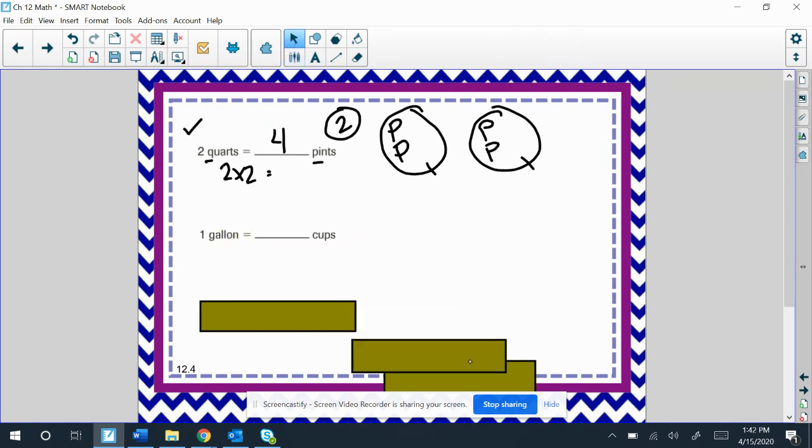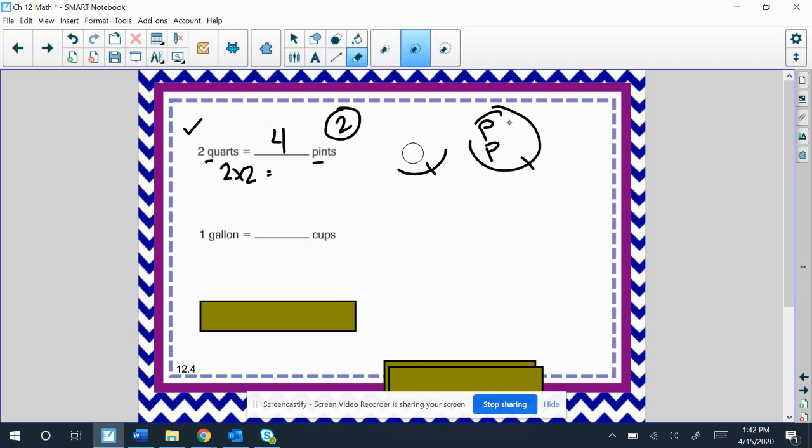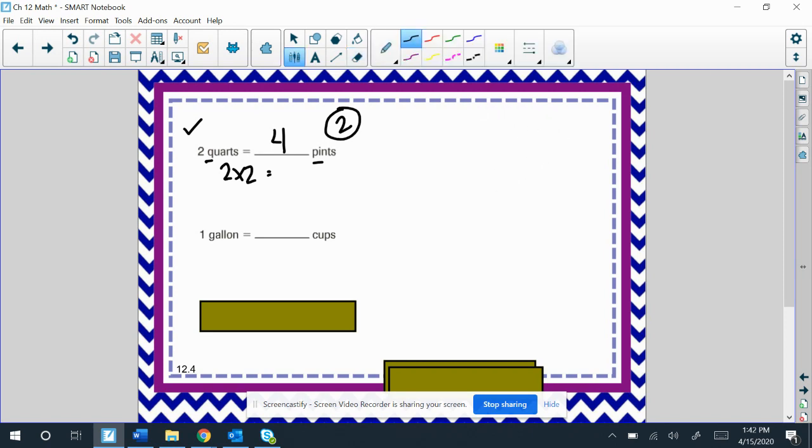Here's the next question. 1 gallon equals how many cups? I'm going to help you draw the picture, and then I want you to solve it on your own. I'm going to erase this to give myself more room, and here we go. The larger unit is gallon, and I want the smaller unit of cups. So I have to draw everything. Here's my gallon.